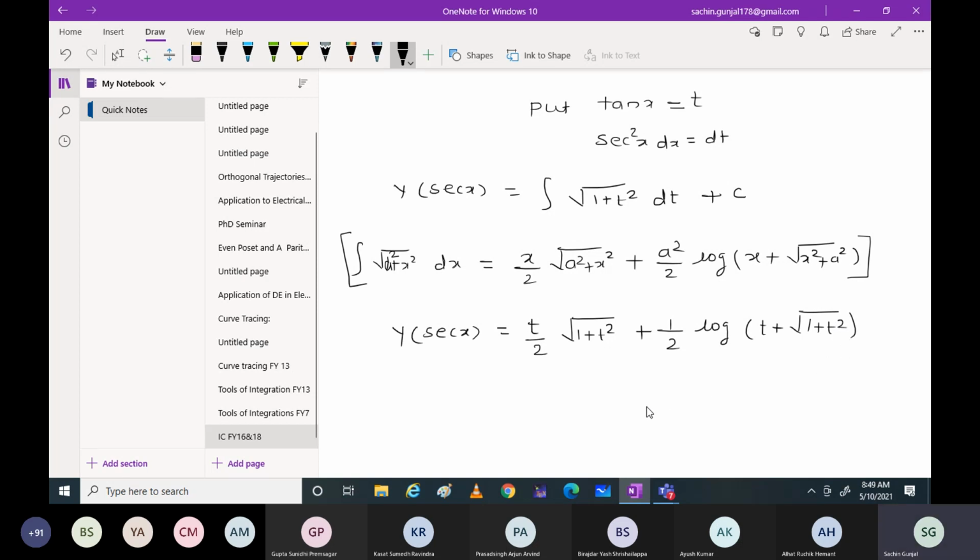And do back substitution of t, which is tan x.